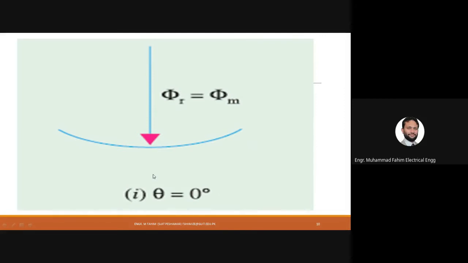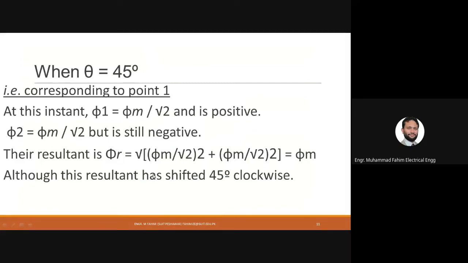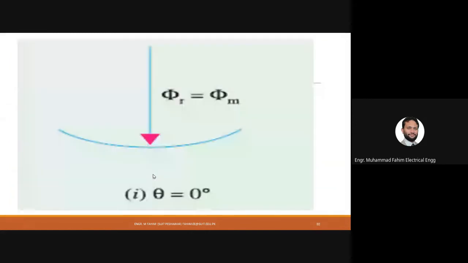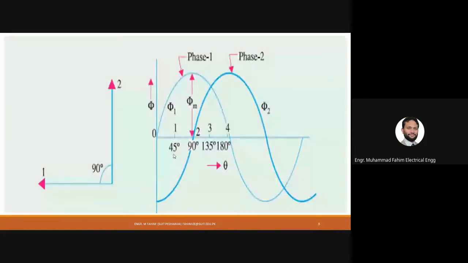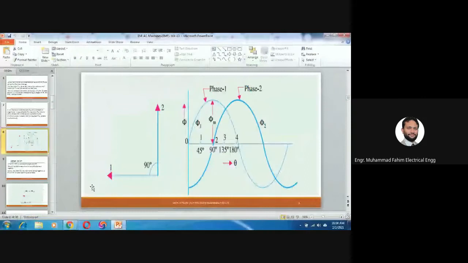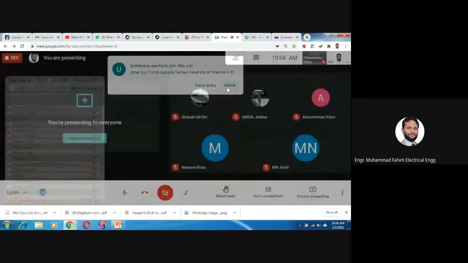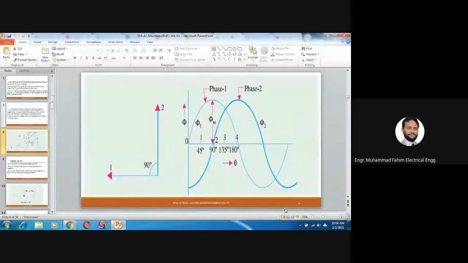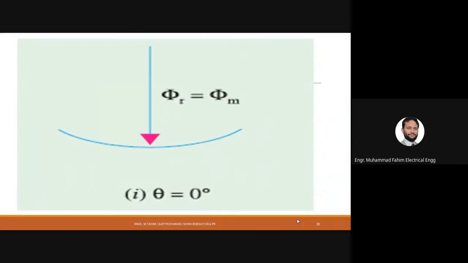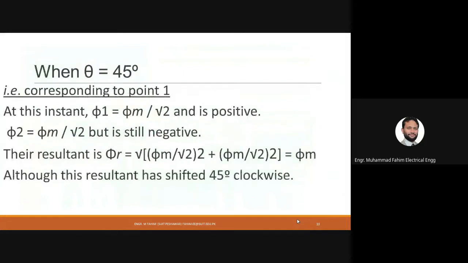Now, when theta is 45, that is corresponding to point 1, that may be this point. At this instant, phi 1 is phi max by under root 2 and is positive.